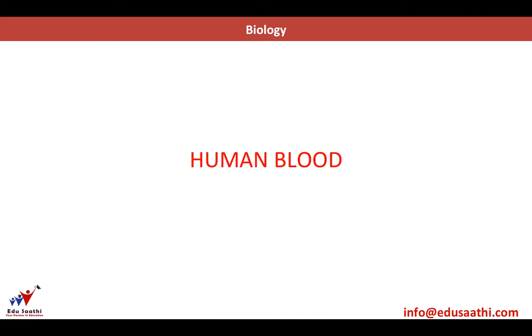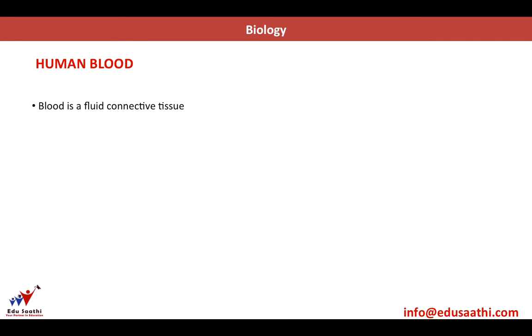Let's talk about human blood now. Blood is a fluid connective tissue. The quantity of blood in the human body is 7 to 8% of the total body weight. So out of the total body weight, around 7 to 8% is blood.